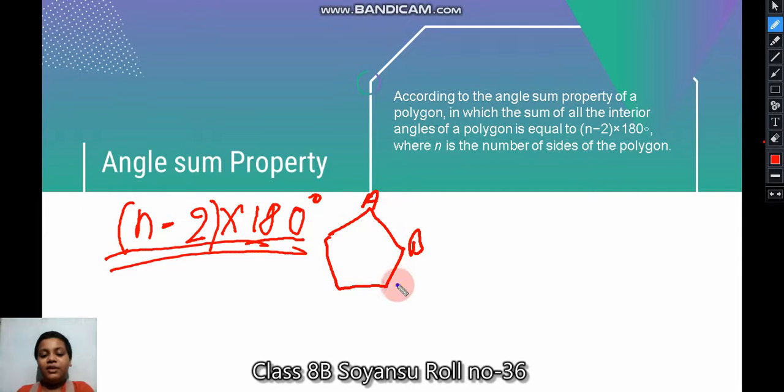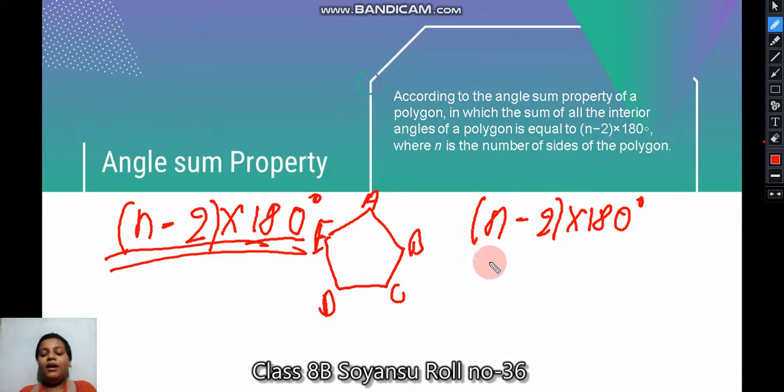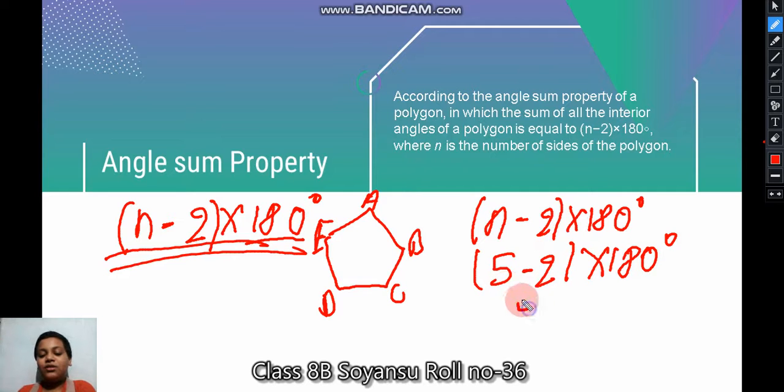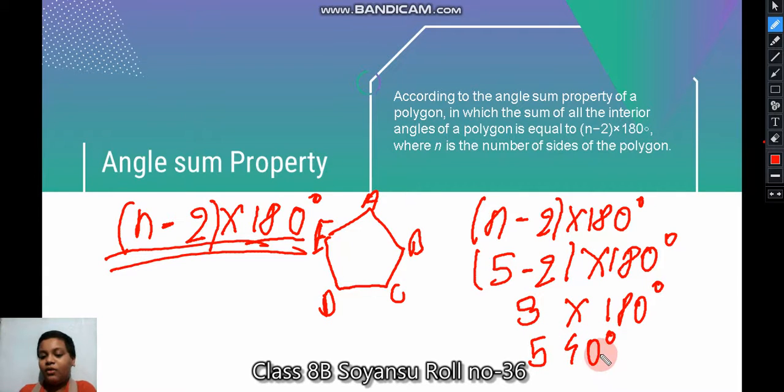Let's name it A, B, C, D, E. Then comes (n minus 2) into 180 degrees, and here there are 5 sides, so 5 minus 2 into 180 degrees. 5 minus 2 is 3, into 180 degrees, so 180 degrees into 3 is 540 degrees.